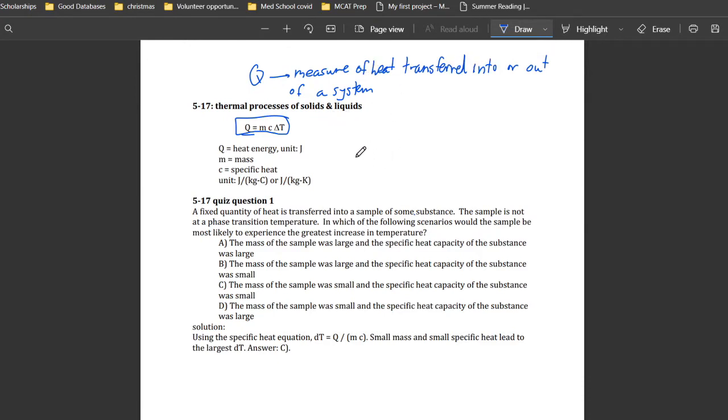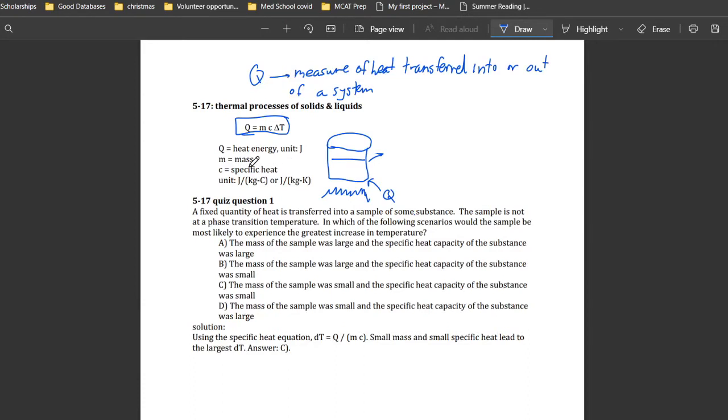So simply put, if we are considering, let's say, a beaker of water, Q is the heat energy that would be transferred in or out of the system. So Q would be the amount of energy input into the system, like the energy from a fire underneath heating up the beaker of water.